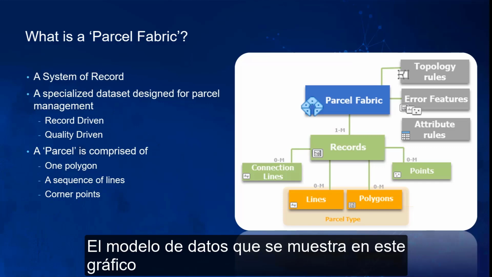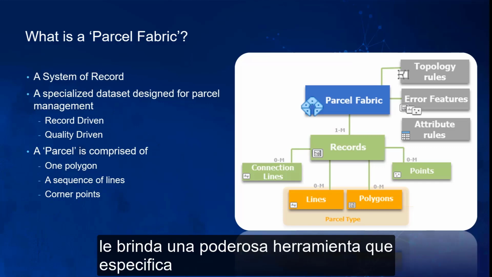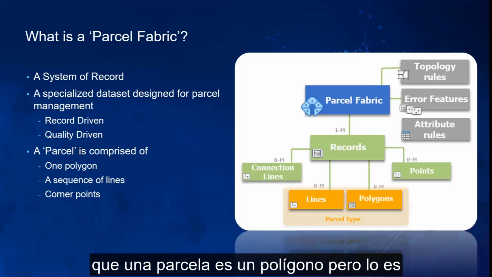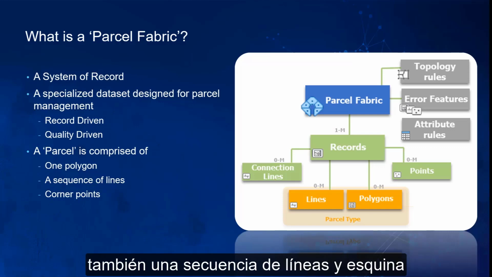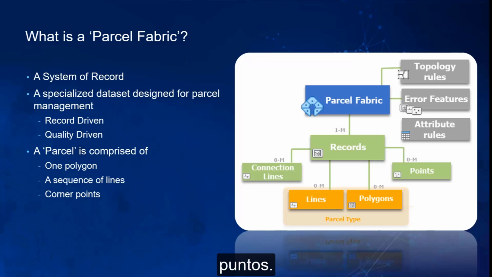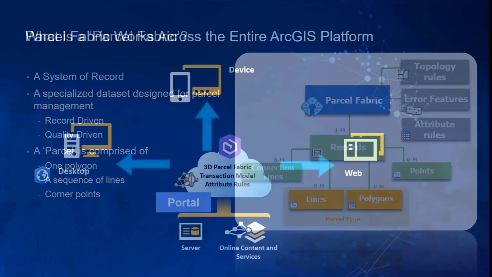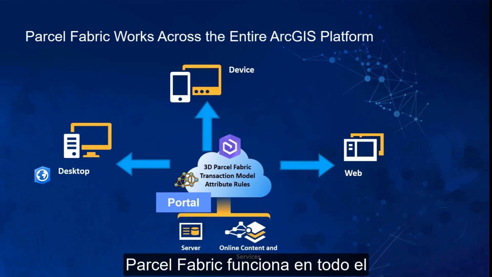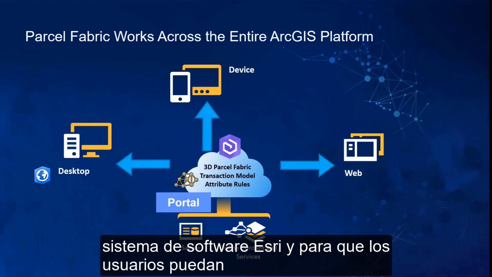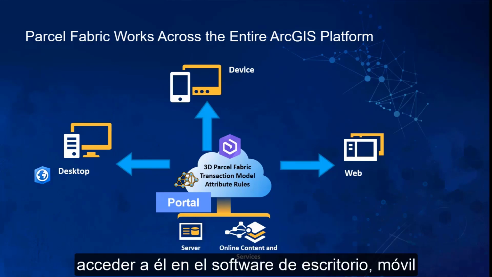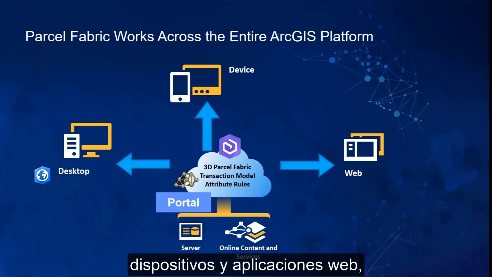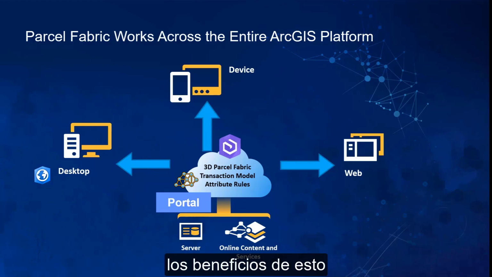The data model shown in this graphic gives you a powerful tool that specifies that a parcel is a polygon, but it is also a sequence of lines and corner points. Parcel Fabric works across the entire Esri software system, and so users can access it in desktop software, mobile devices, and web applications. And we'll look at the benefits of this over the next few slides.